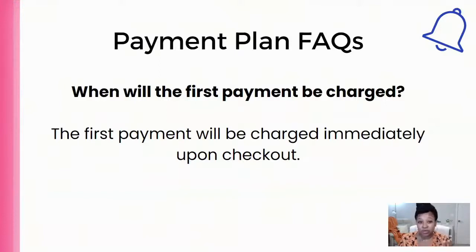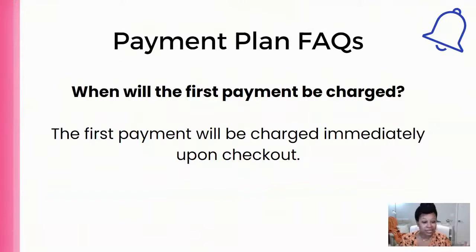So if you have those 3 payments like Coach Ava has here, when your client clicks book now, they'll be able to enter in their payment information and they'll be charged that first payment immediately. And then the remaining 2 payments will be charged each month for the next 2 months. And it's charged on the same day that they started that payment plan.